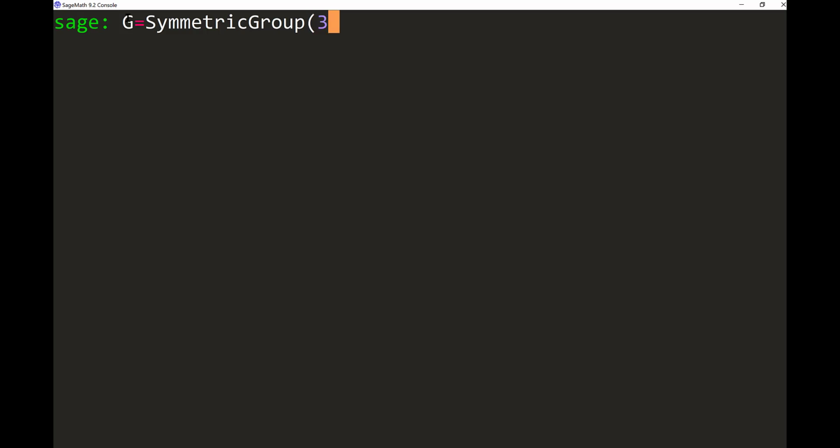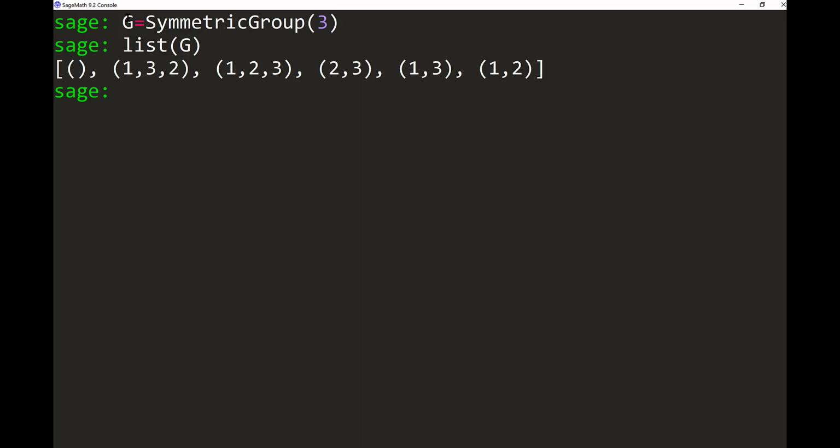So let's look at the symmetric group on three symbols, which is already built in there. It recognized it. And if we want it to show us the elements, you can see that the elements are listed for us.